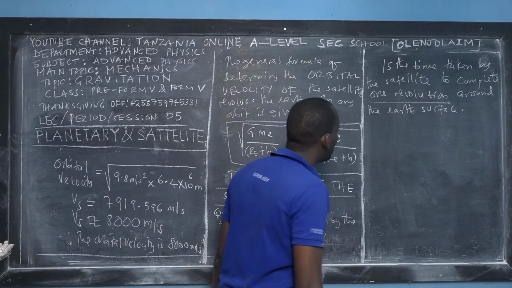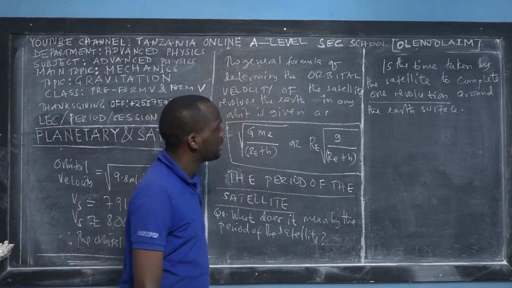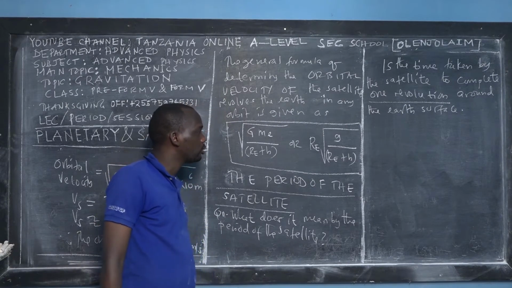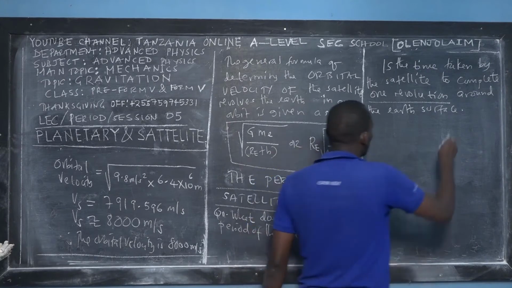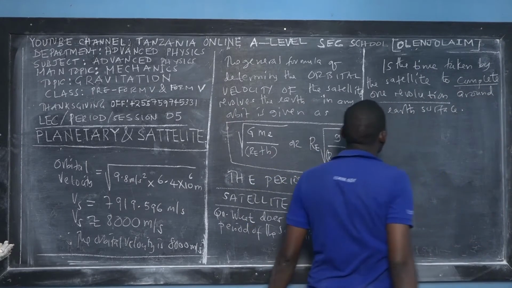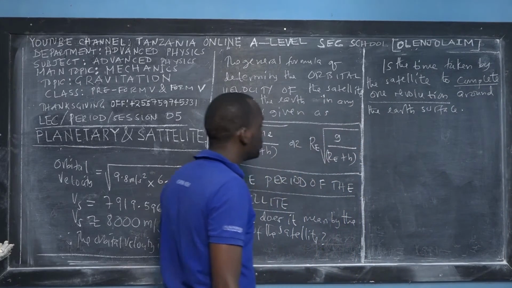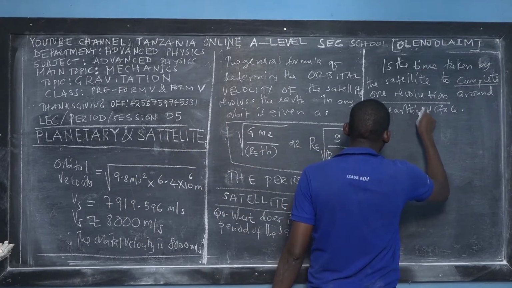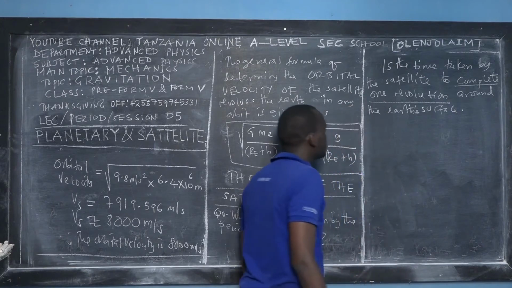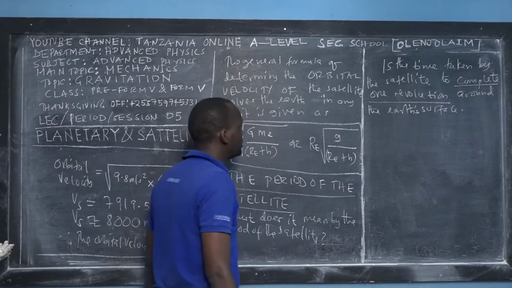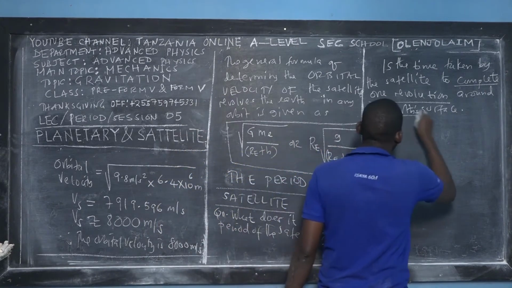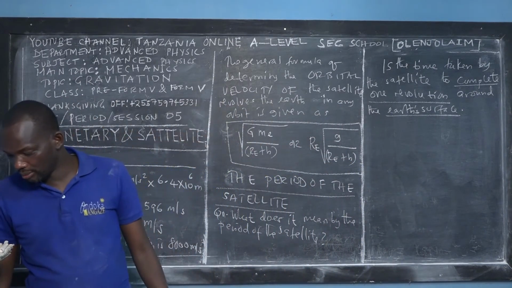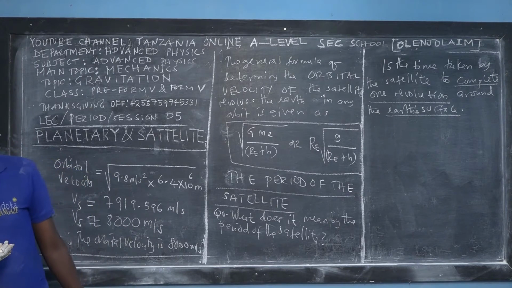So that's the meaning of the word period: the time taken by the satellite to complete one revolution around the Earth's surface. So that's the definition of this time period, of the term known as period, right?